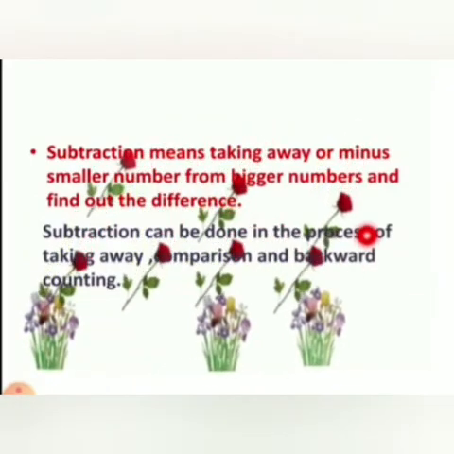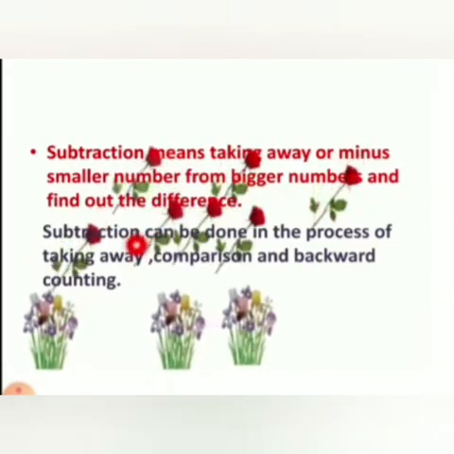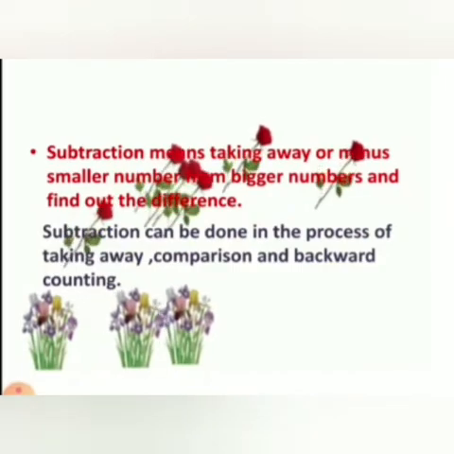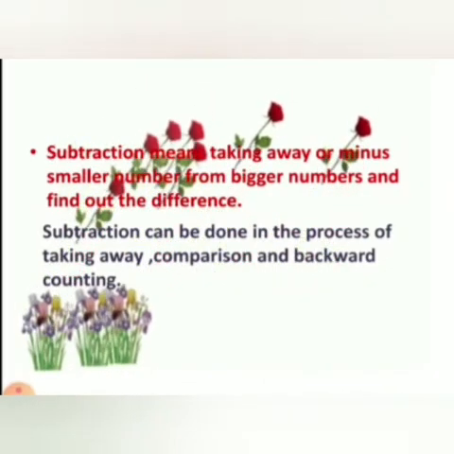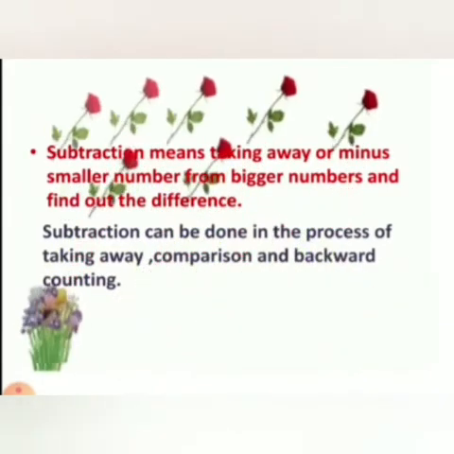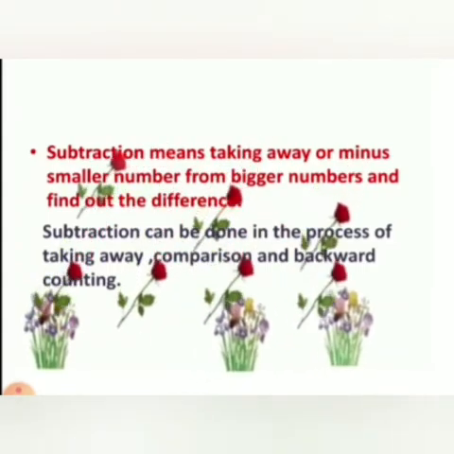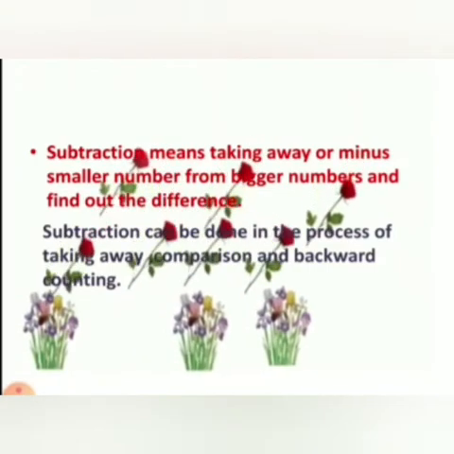Subtraction means taking away or minus smaller number from bigger numbers and find out the difference. When we start the subtraction, we will minus two numbers and whatever answer we get, that is known as difference. Subtraction can be done in the process of taking away, comparison, and backward counting.